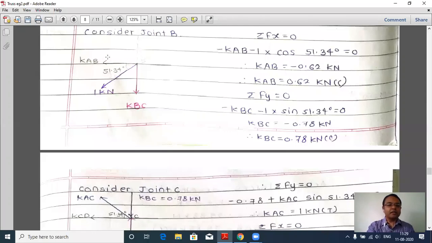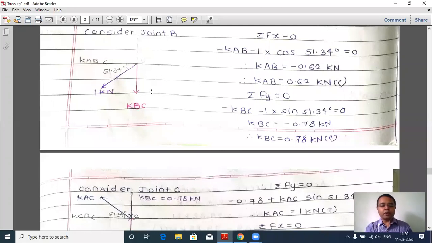First of all, assume the nature of force. Always we assume a tensile force, so tension is shown with the arrow away from the joint. Same assumption is there for all the problems. So there are two unknowns, KAB and KBC.